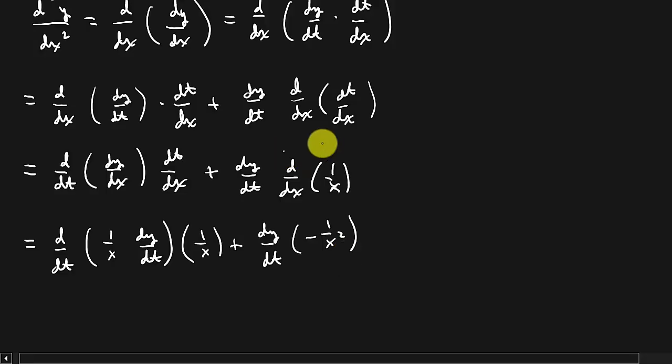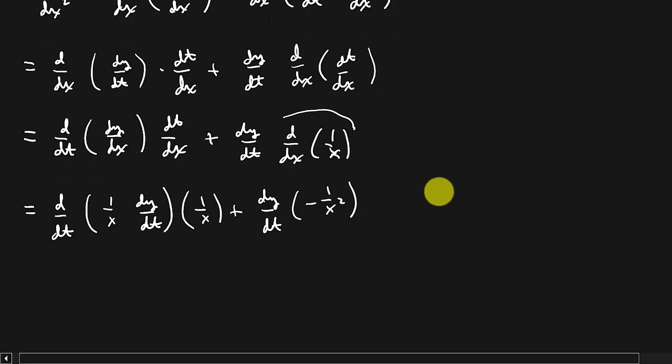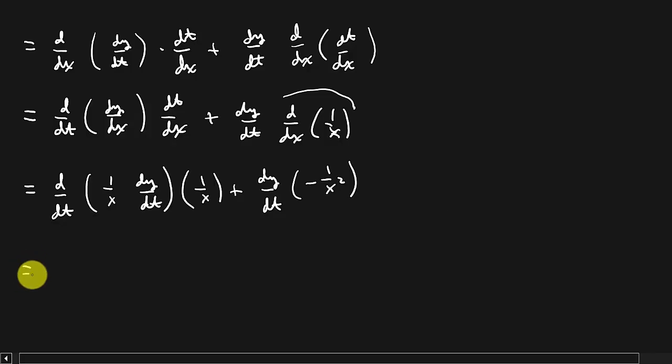So this gives me 1 over x squared d2y/dt2 minus 1 over x squared dy/dt.